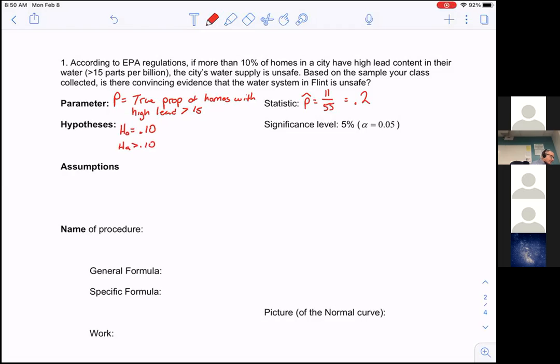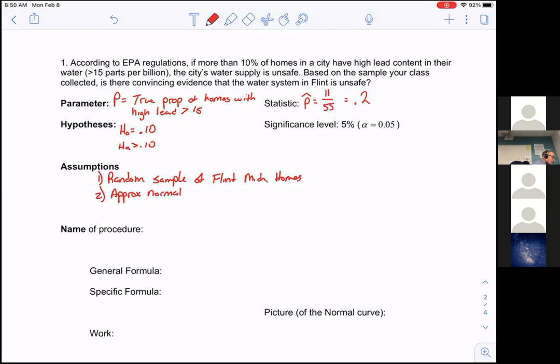Okay. So again, my assumptions. Number 1, random sample of Flint, Michigan homes. Number 2, approximately normal.